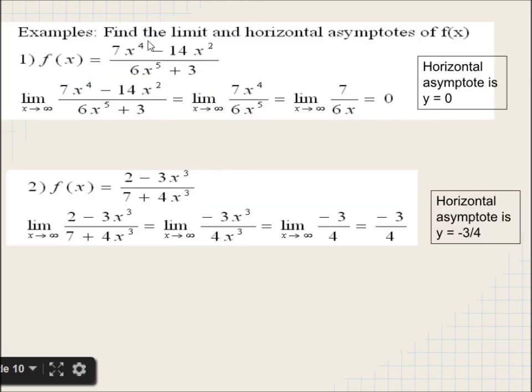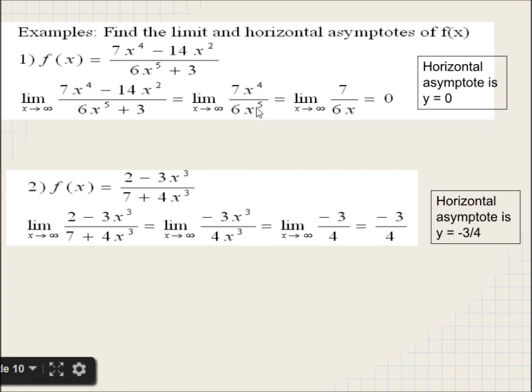So let's see an example. Here we have to find the horizontal asymptote. As we saw, we just use the first term with the highest power for both numerator and denominator to calculate the horizontal asymptote. So for calculating the limit, we just take the first term for both numerator and denominator, 7x raised to power 4 divided by 6x raised to power 5.